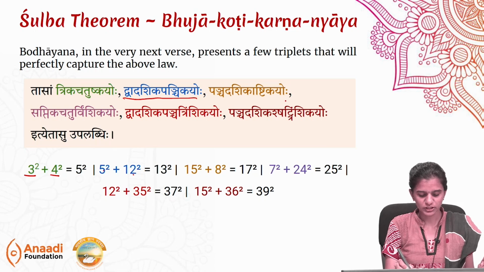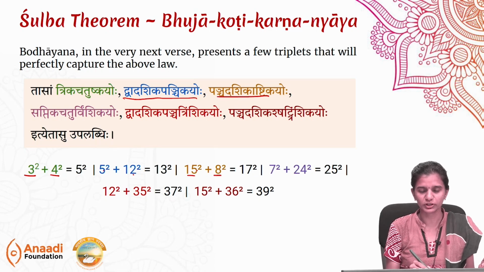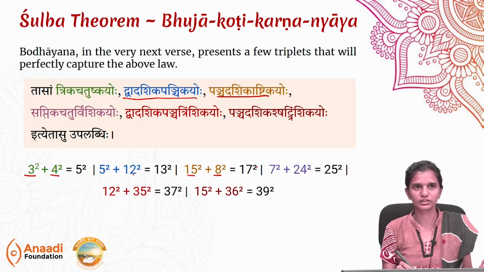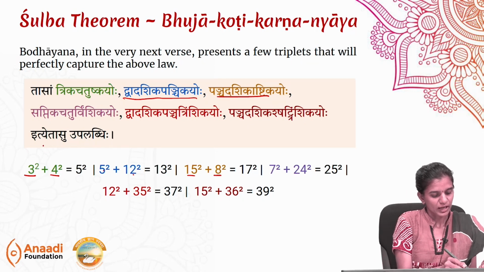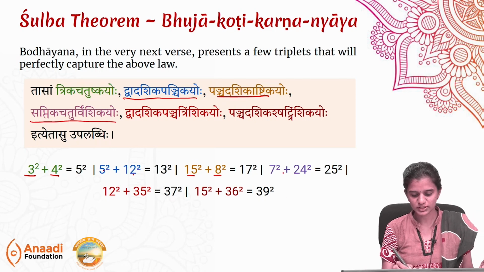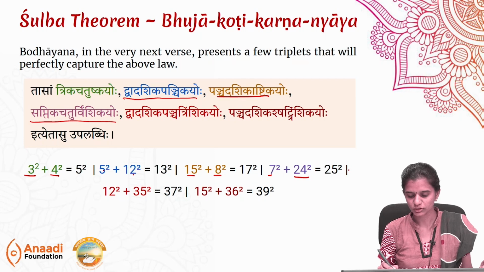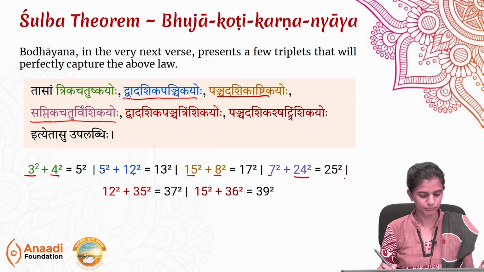Panchadashikashtikayoho, which means 15 and 8. So, 15 square and 8 square will give us 17 square. Saptika chaturvimshikayoho, which means 7 and 24. So, 7 square and 24 square will give 25 square.